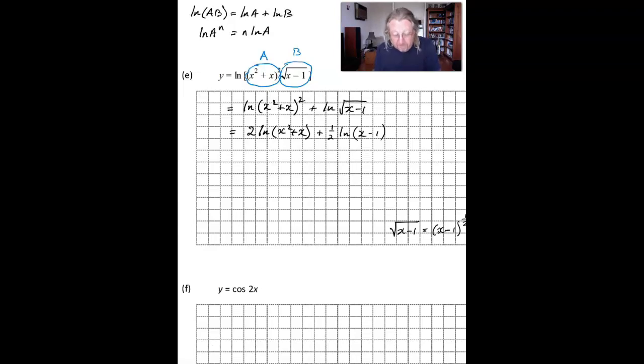Now we differentiate. So we get dy dx. The 2 is a constant, comes along for the ride, and we're using the rule of the log of f(x).